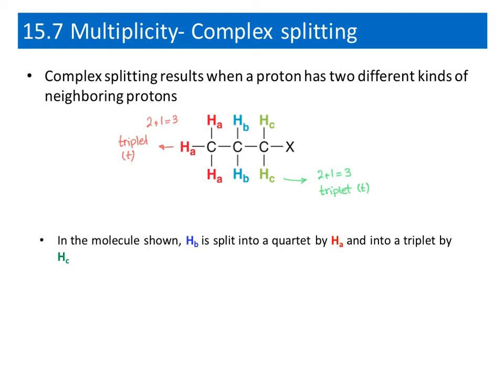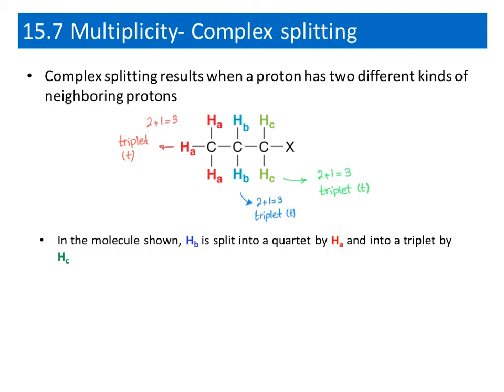We have two Hc's right here, so 2 plus 1 gives a triplet. So basically Hb is split into a triplet by Hc protons.